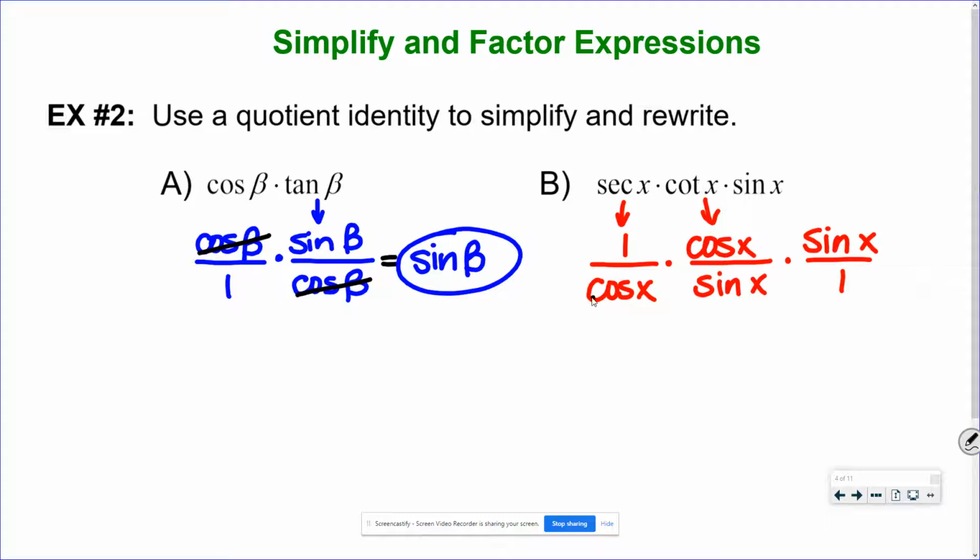Again, your goal is to try to get things to cancel. If you put 1 over tangent here in the middle and nothing canceled with it, that would be a sign that you need to go back and come up with a different plan. If I write it this way, my cosines cancel because there's 1 on top, 1 on bottom, and my sines cancel because there's 1 on top, 1 on bottom. So this whole thing would just end up equaling 1.